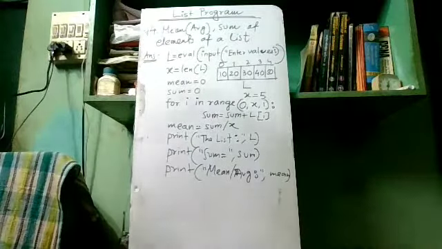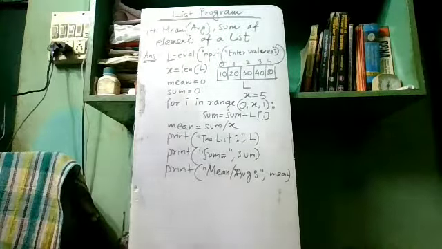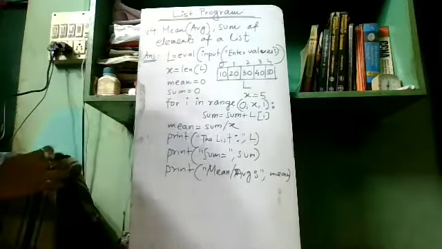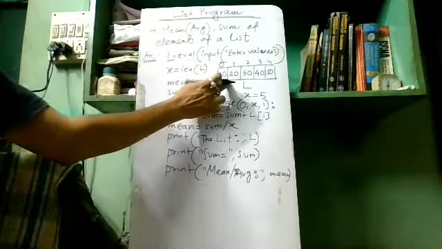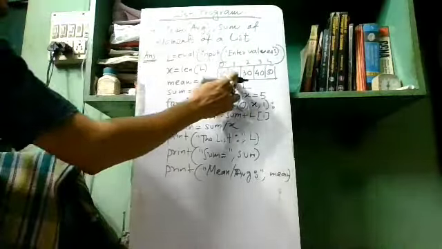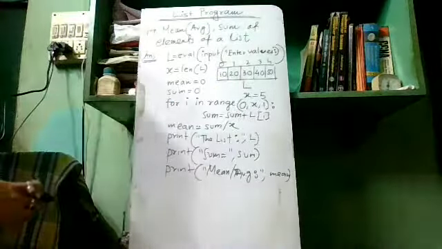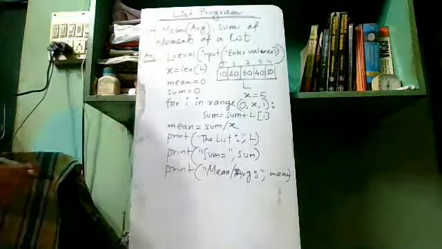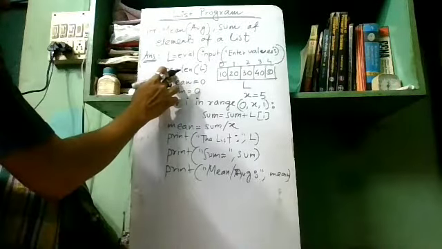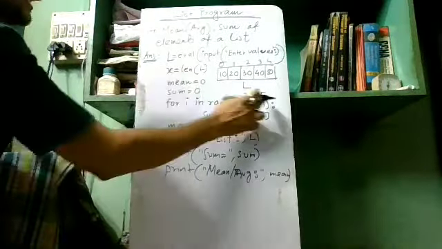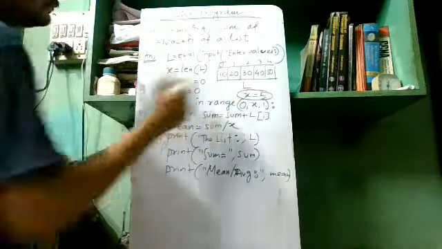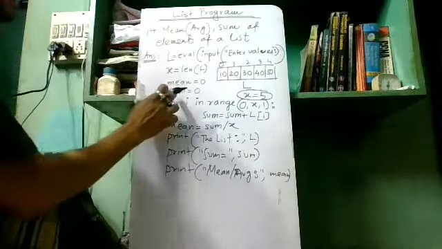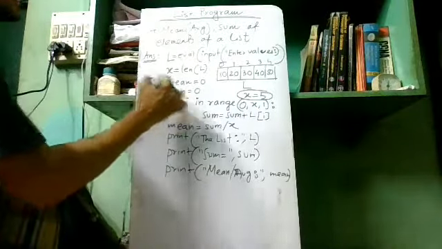So how will this work? First of all, L is given by the user: 10, 20, 30, 40, 50. I have mentioned the index 0, 1, 2, 3, 4. After that, I have taken the length of the list within X, that is 5. After that, two variables I have taken, mean and sum.